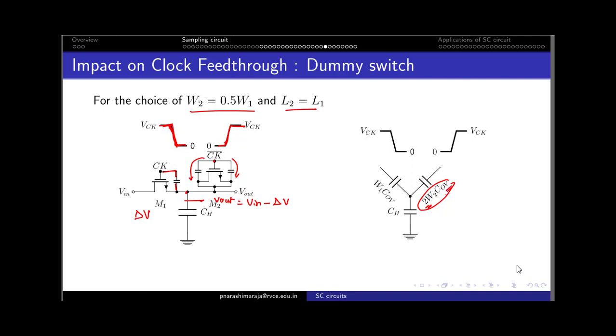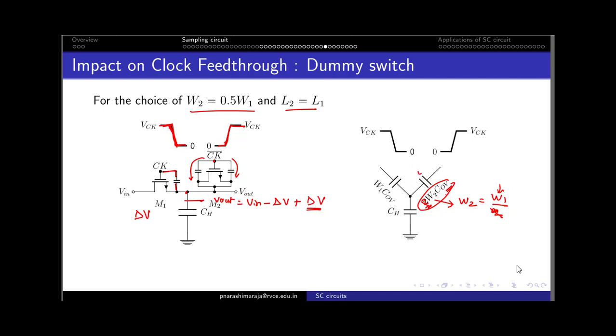Now the question is, can this positive transition actually make a positive delta V across our Vout? It seems to be confusing, just because we have a factor of 2. Remember that the value of W2 is equal to half the value of W1. So the 2 from here and the 2 from here cancel, and in place of W2 I can substitute the value of W1.